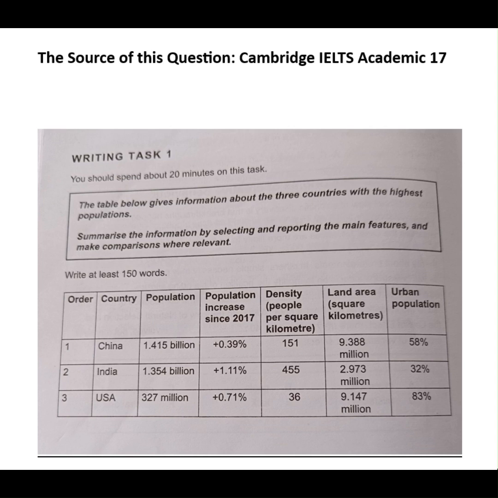The next instruction is write at least 150 words. That means minimum 150 and maximum, of course there is no upper limit, but please restrict to 180 words to manage your time better. Okay, now look at the main question. Please study it again.